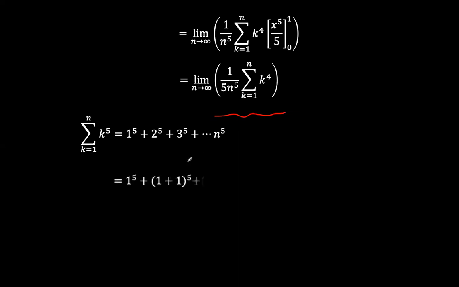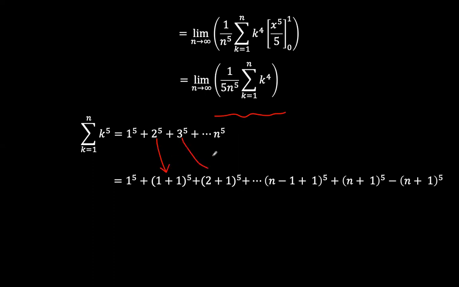As you can see, 2 is equivalent to 1 plus 1, 3 is equal to 2 plus 1, and n is the same as n minus 1 plus 1. And then we can add n plus 1 minus n, so this essentially would cancel out, but let's keep that there.